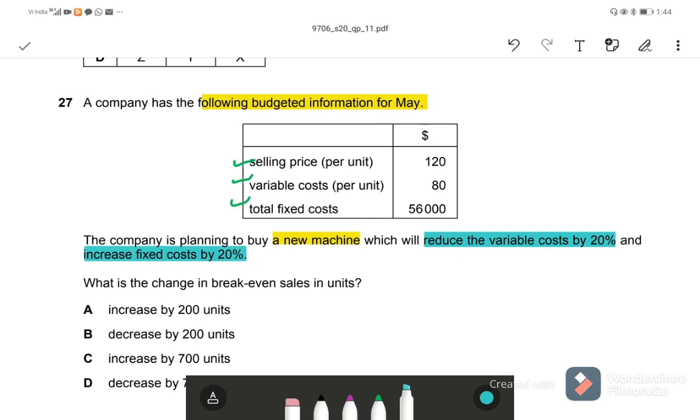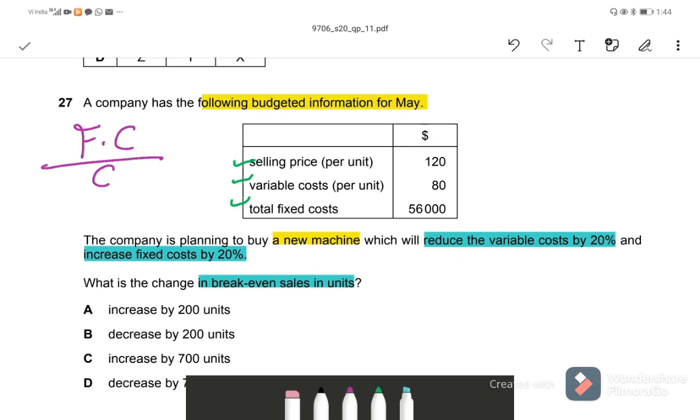What is the change in break-even sales units? Break-even sales unit is equal to fixed cost divided by contribution per unit.